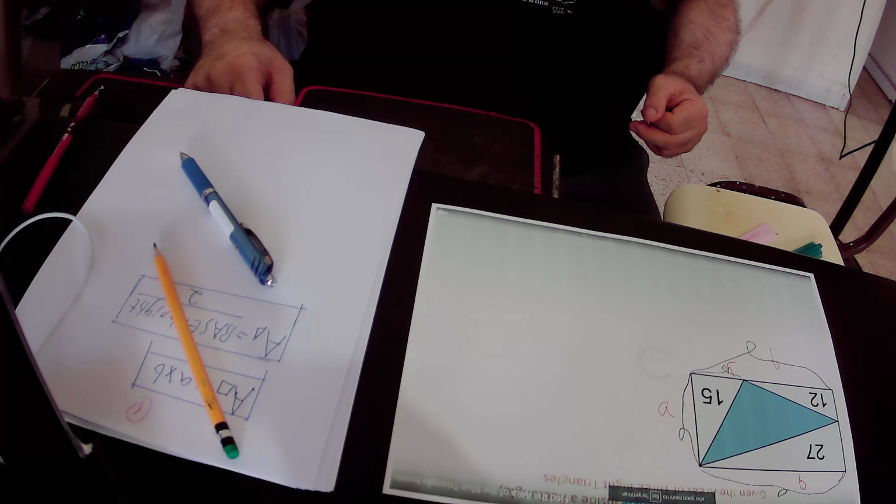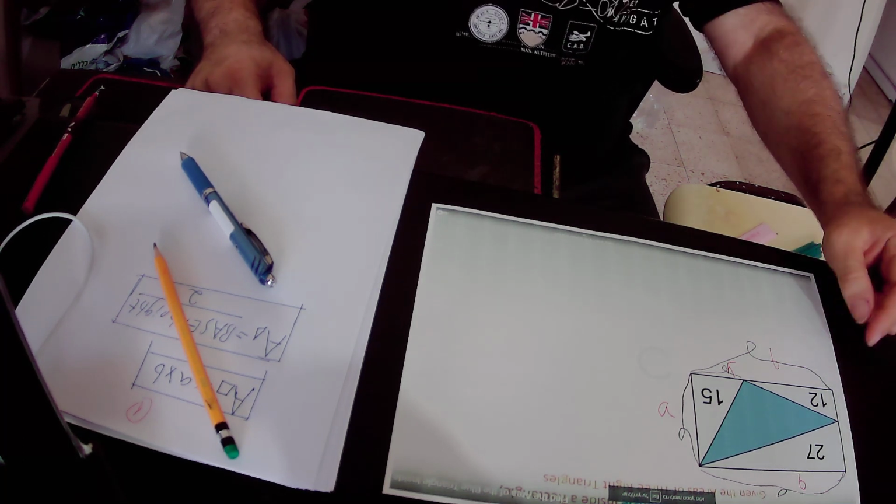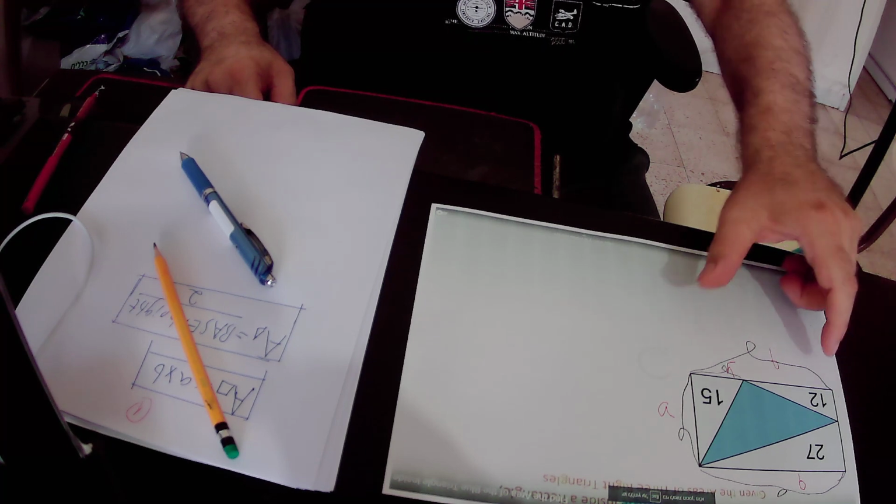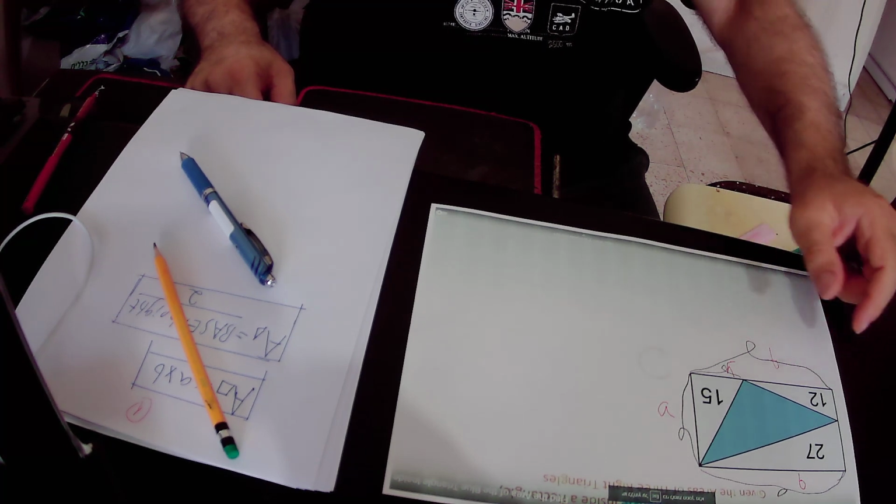So the base of the triangle whose area is 12 units will be b minus y.